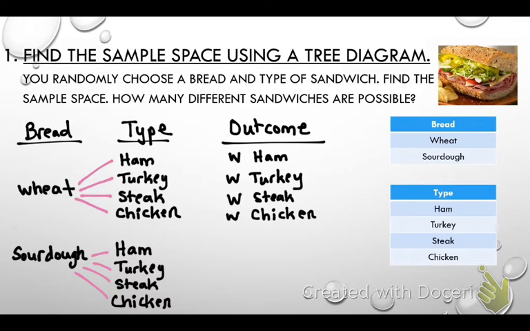And I could do the same exact thing with my sourdough bread. I'm just going to write SD to make it a little faster. So we've got sourdough with ham, sourdough with turkey, sourdough with steak, and sourdough with chicken.